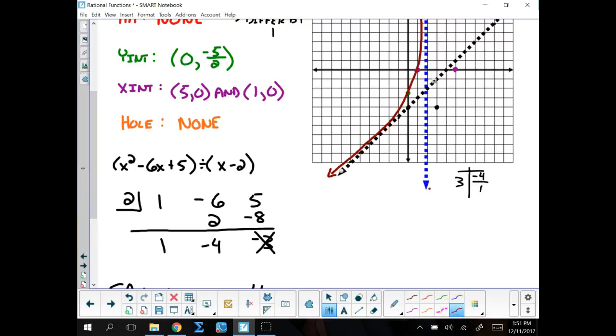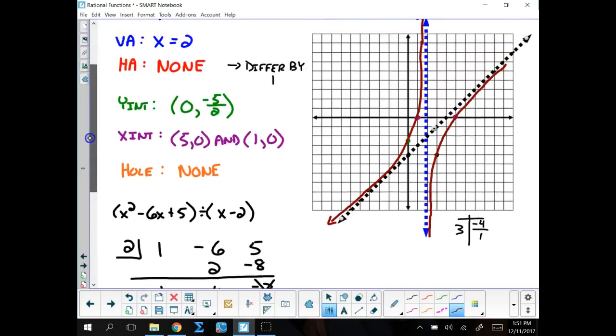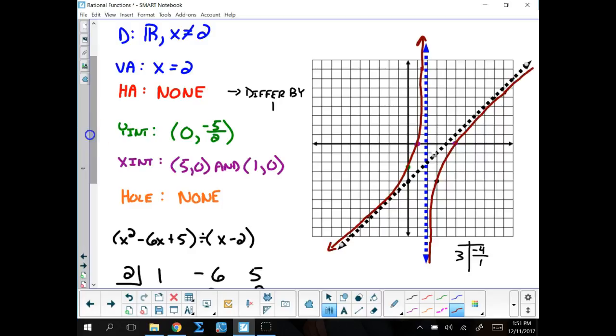So it comes up here, curves in, goes out. Okay?